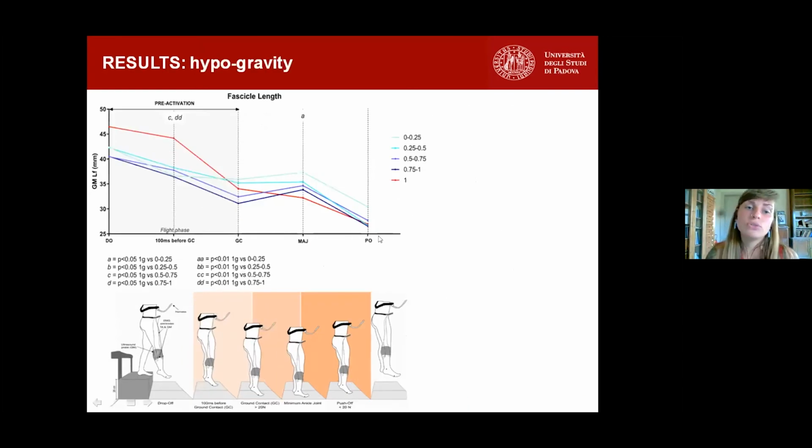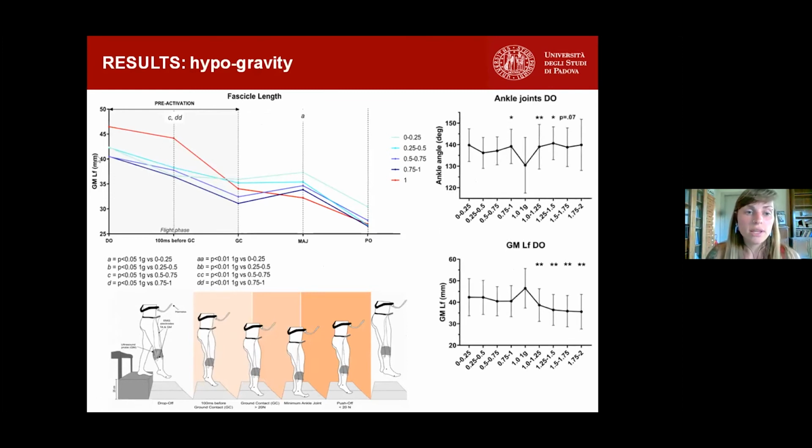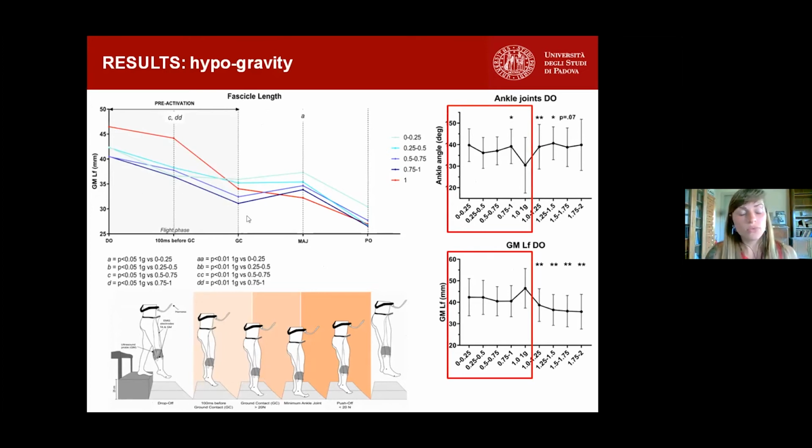When we moved our attention to hypogravity, we observed that the length of the fascicles already at drop-off was shorter in hypogravity than in 1G, although not significantly, and this was accompanied by a more plantar flexed ankle angle, which was followed by a lower shortening of the fascicles during pre-activation, confirmed by a lower activity of the gastrocnemius medialis. The quasi-isometric phase observable in 1G was substituted by a slight lengthening in hypogravity.